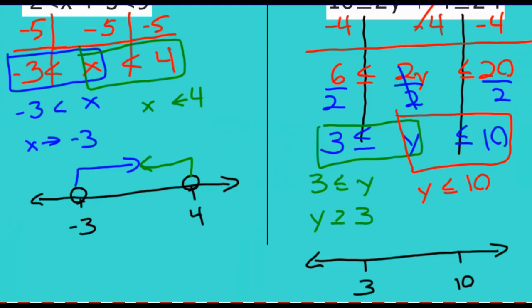Now this has a closed circle because it has that line there pointing to the right. And this one is also a closed circle pointing to the left. So x can be 3 all the way to 10, but nothing below or above that.